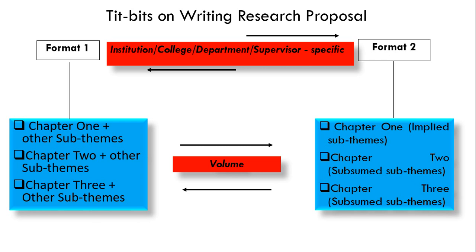You can also have your research questions and hypothesis. In chapter 2 as well, you can have your main topic, which is often the literature review, and it also comes with subtopics or sub-themes, which could include your conceptual review, your theoretical review, your empirical review, and so on.